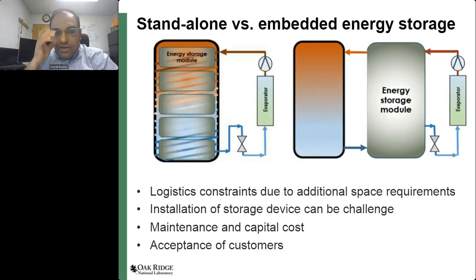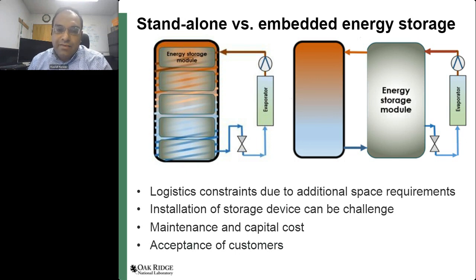Now I want to briefly talk about the 2 concepts when it comes to energy storage devices. I think it's very important to understand why they are different and what the consequences can be if we select one versus another. What you can see on your right-hand side is a standalone energy storage module concept, where if I want to use this type of arrangement, then I'll be looking for the engagement of a third-party vendor who can install such a device.